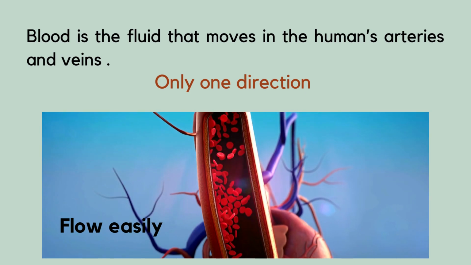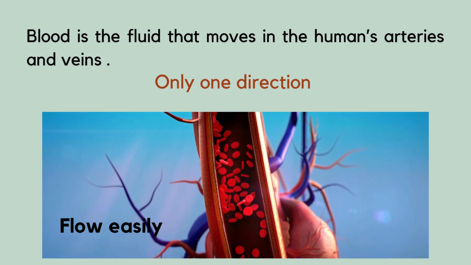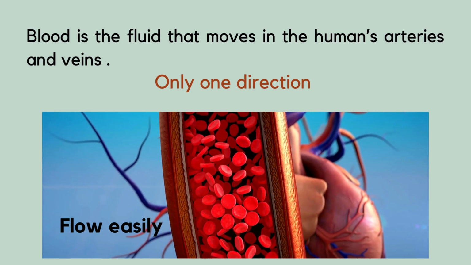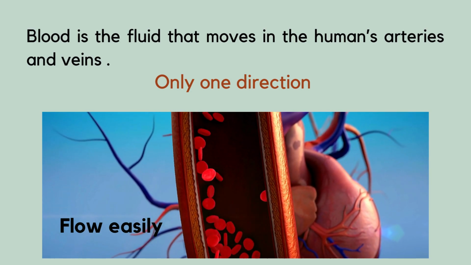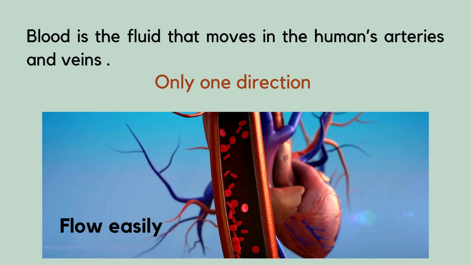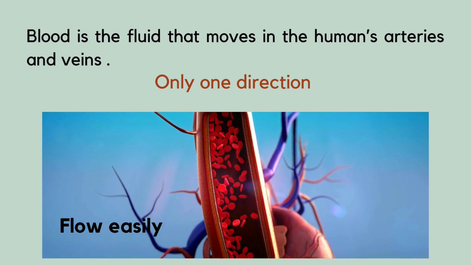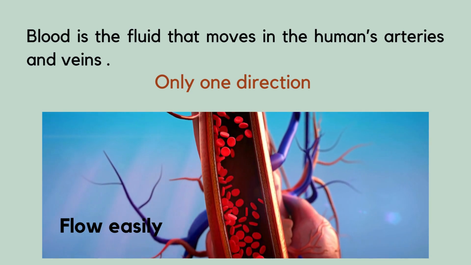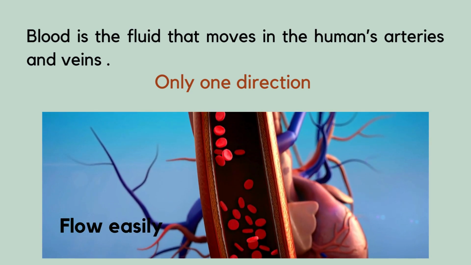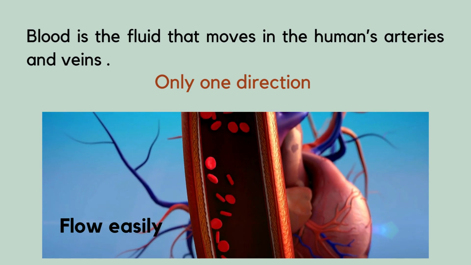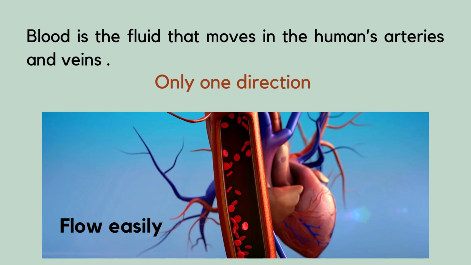So here, blood is a fluid that moves in the human's arteries and veins only in one direction, as the arteries carry the blood from the heart to all the body cells or parts, and the veins carry the blood from all the body parts to the heart, okay?